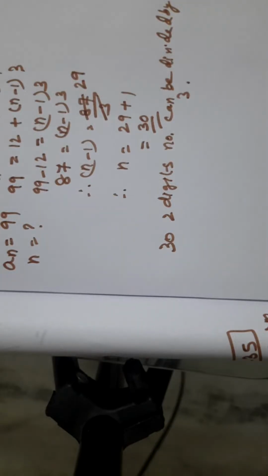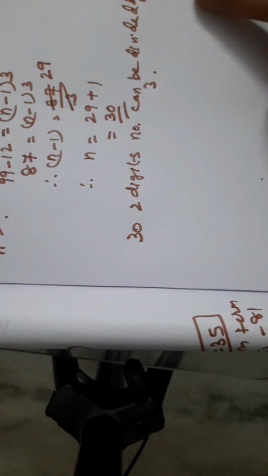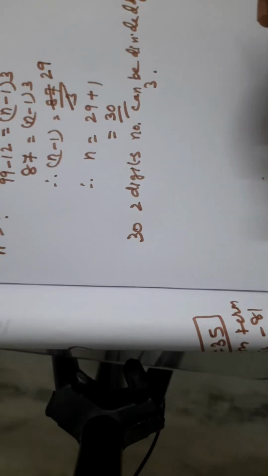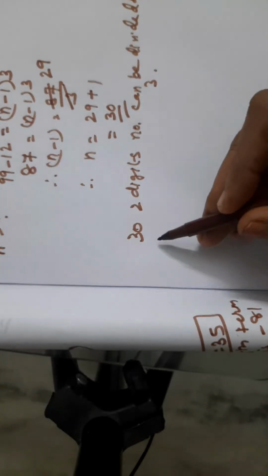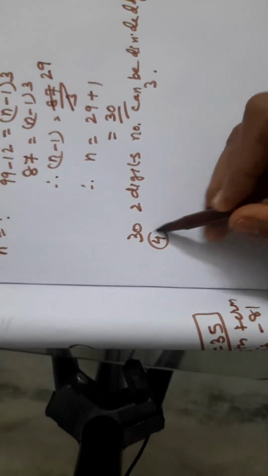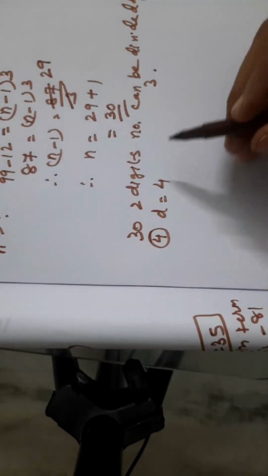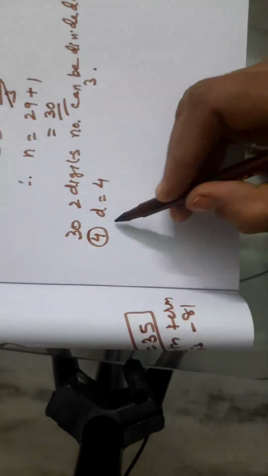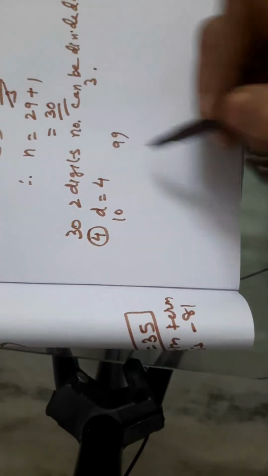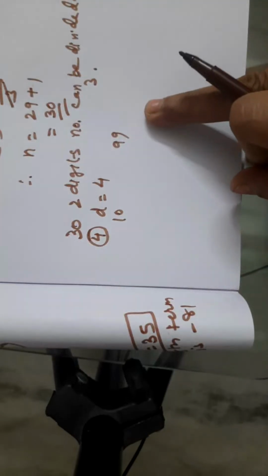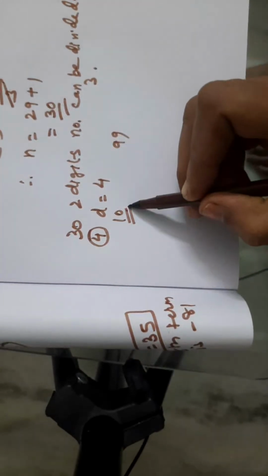If suppose they ask how many 2-digit numbers can be divided by 4, for your better understanding, I am explaining the question once again. As how many numbers can be divided by 4 is given, the common difference will be considered 4. Again, between 10 and 99, we need to find how many numbers can be divided by 4. 10 does not come in the 4 table.